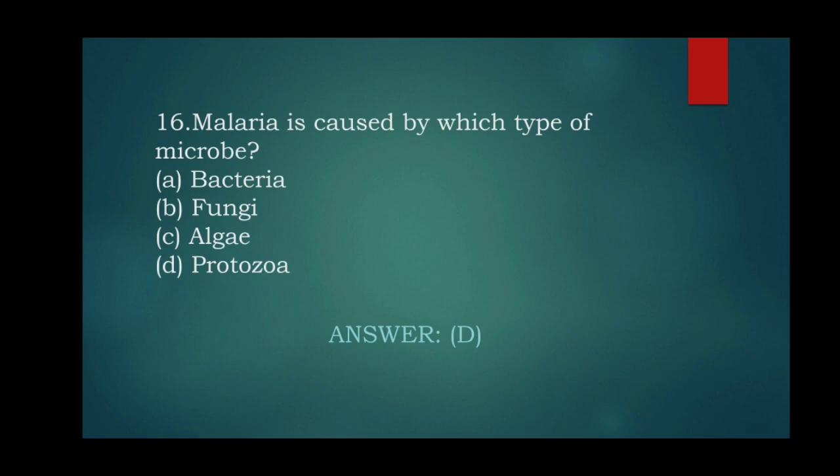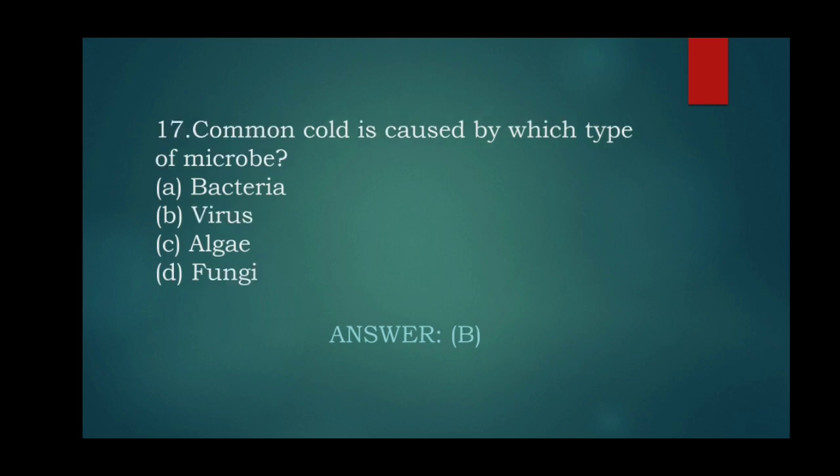We know that malaria is caused by a protozoa called Plasmodium, so the correct answer is option D, protozoa. Question number 17: common cold is caused by which type of microbe? Option A, bacteria, B, virus, C, algae, D, fungi. The common cold is a viral disease that can be spread from one person to another through the air. So the correct option is option B.